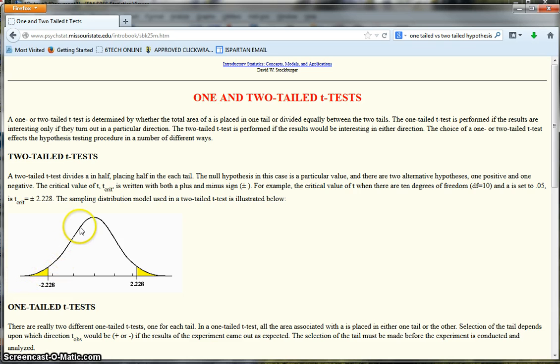This is what we call a theoretical probability distribution, or a sampling distribution. In our hypothesis testing, we compute a test statistic, we compare it to this probability distribution, and if the probability of that test statistic is less than 0.05, then we reject the null hypothesis.